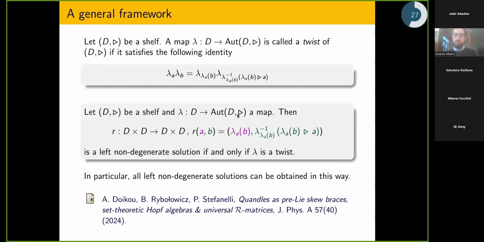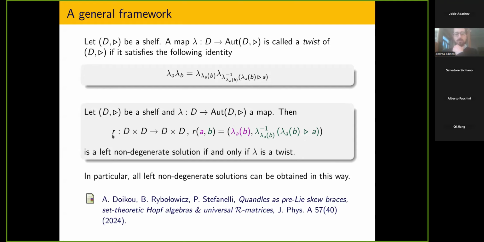Given a shelf and a map lambda from D to the automorphism group of the triangle, consider the map R from D squared to D squared defined this way, where you can notice the first component is what should be the twist, and the second component is what should be the rho map, written in terms of the shelf structure and the wannabe twist.